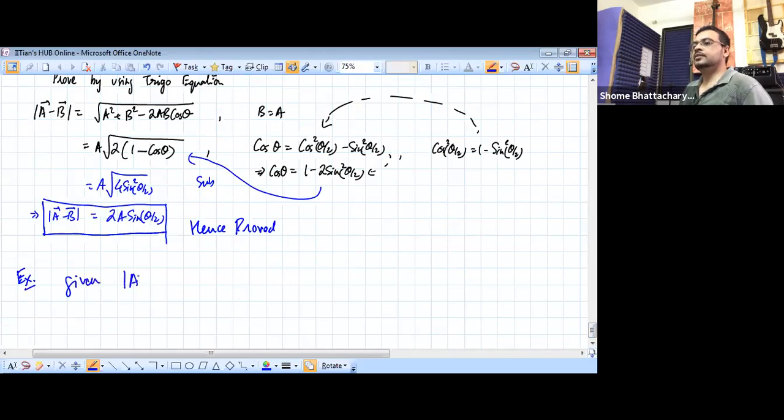Given that magnitude of E is equal to 2 root 3 and magnitude of E plus B is equal to magnitude of E minus B is equal to 4.